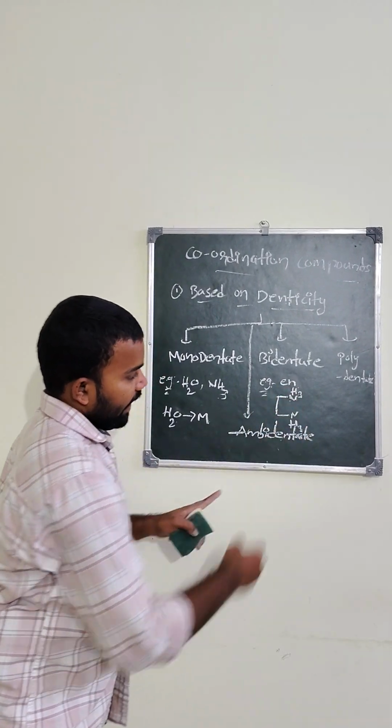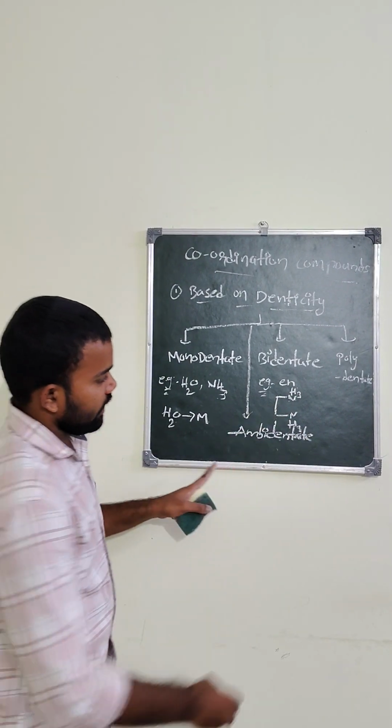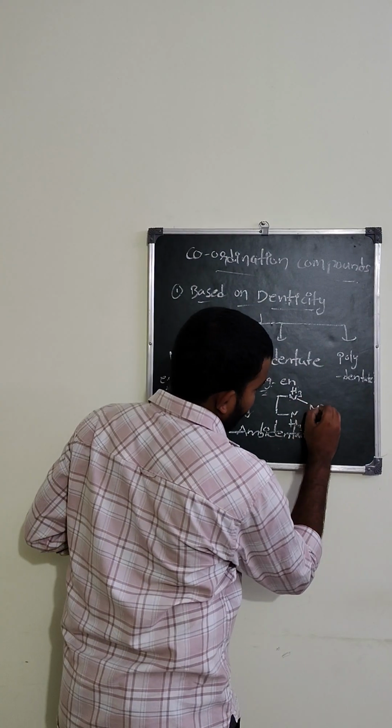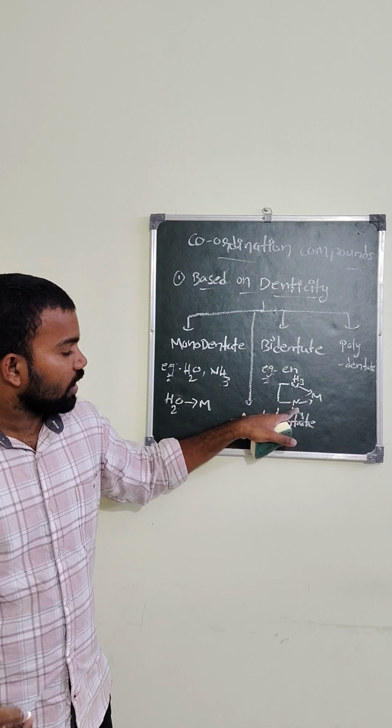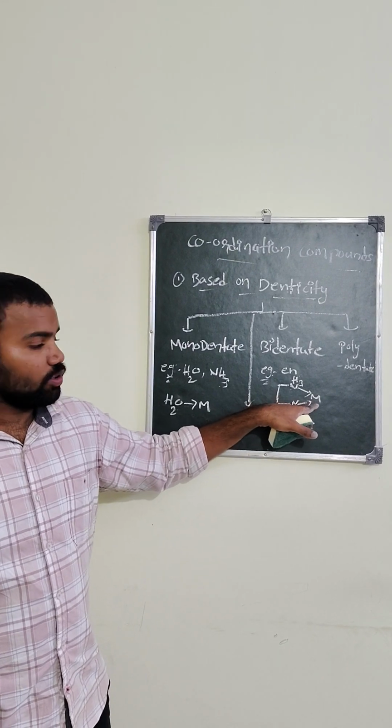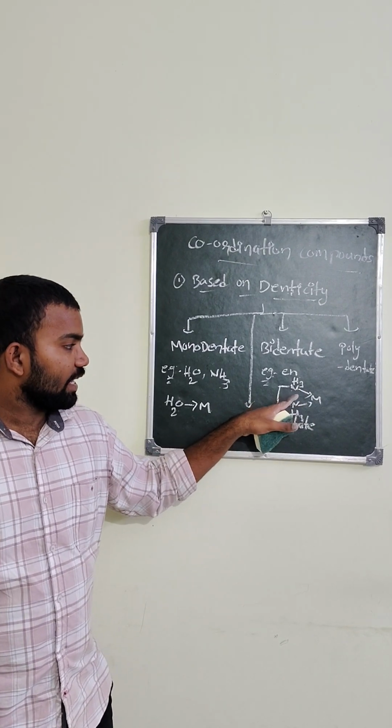It is one ligand, but there are two donor sites. It means in one ligand there are two donor sites to donate to the metal atom, so it is called a bidentate ligand.